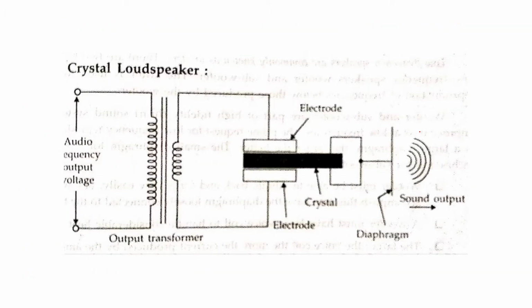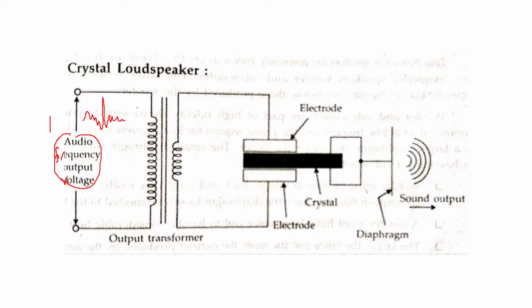Now let's look at the idea of a crystal loudspeaker. In a crystal loudspeaker, the input is audio frequency output voltage, so you can show it like this.